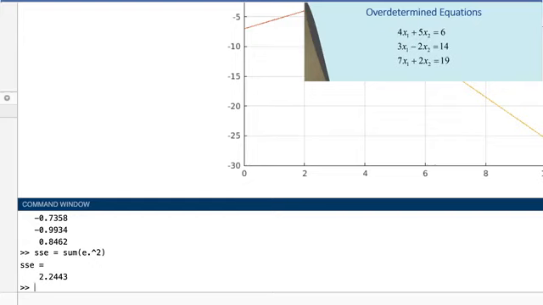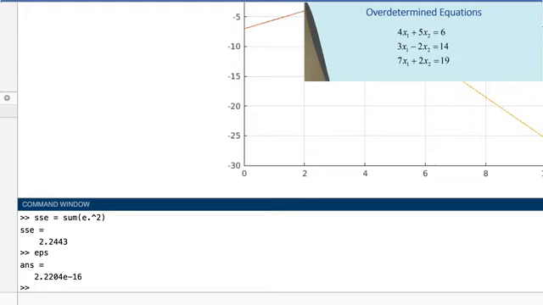Of course, when there's a true solution, as you would expect when there are the same number of unknowns as equations, the error will be very small. To find out what very small means to MATLAB, you can look at the value returned by the built-in function EPS, which is short for epsilon, the Greek letter that stands for an arbitrarily small number in mathematical proofs.